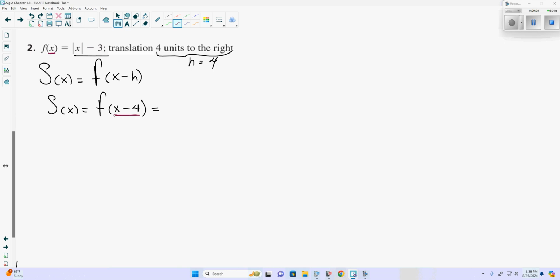We have f of x minus 4, which means every x in f of x's function, the absolute value of x, has to be changed to x minus 4. So we'll still have the absolute value. Our x, well, since it's the only thing in there, is going to be replaced with x minus 4 minus 3. Questions on this so far?